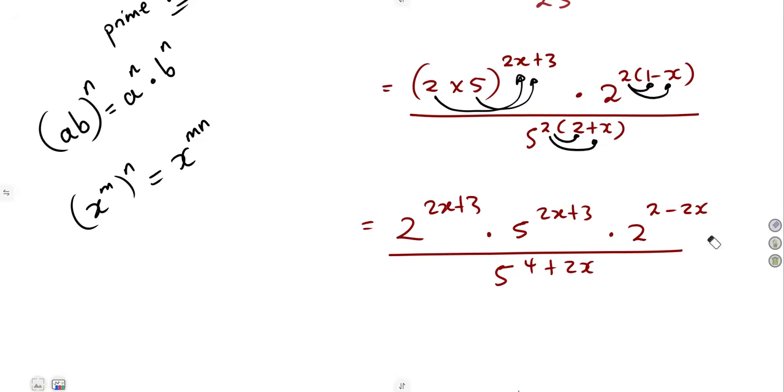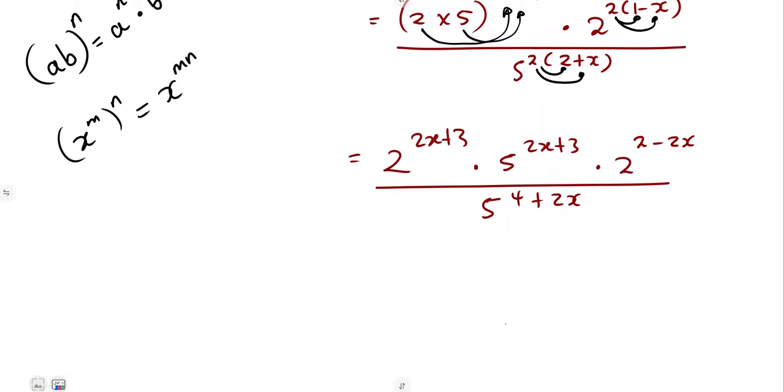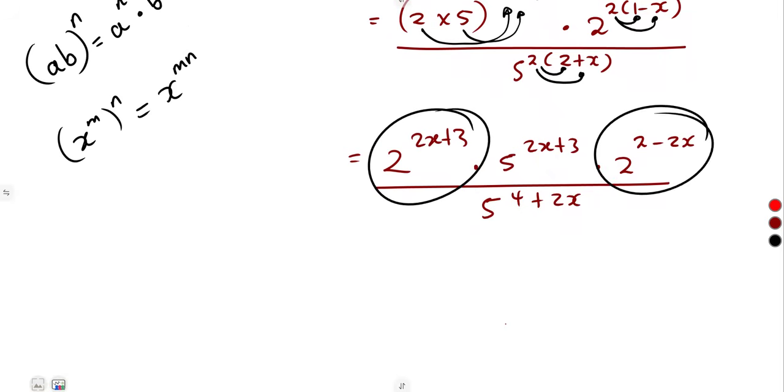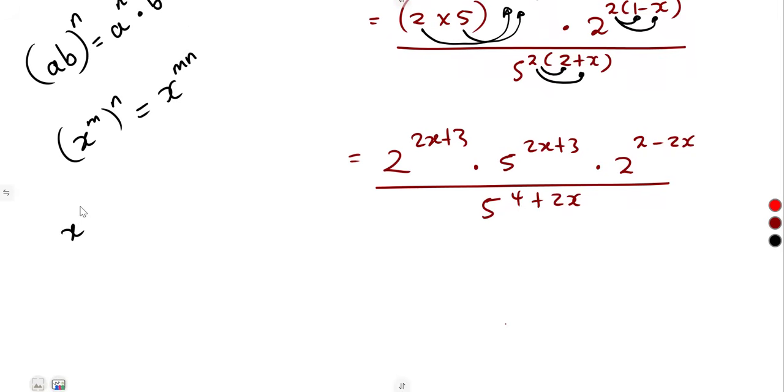We have applied our laws. And again, at this stage, we are supposed to apply the laws. As we can see, 2 is separate, another 2 is separate. There's a 5 here, there's a 5 here, which are separate. So we can consider the laws under multiplication of same bases. x to the exponent of m multiplied by x to the exponent of n, same bases, you simply add your exponents, m plus n.